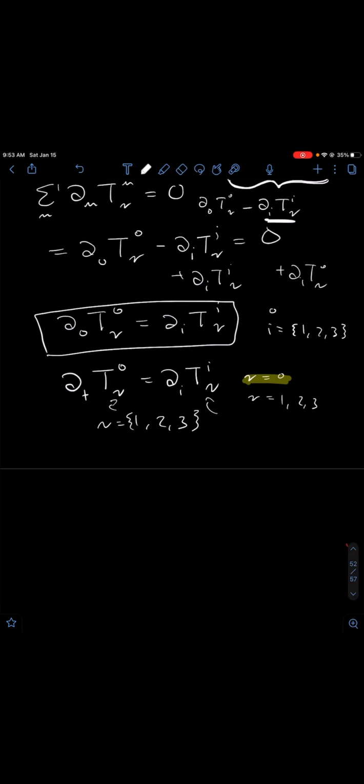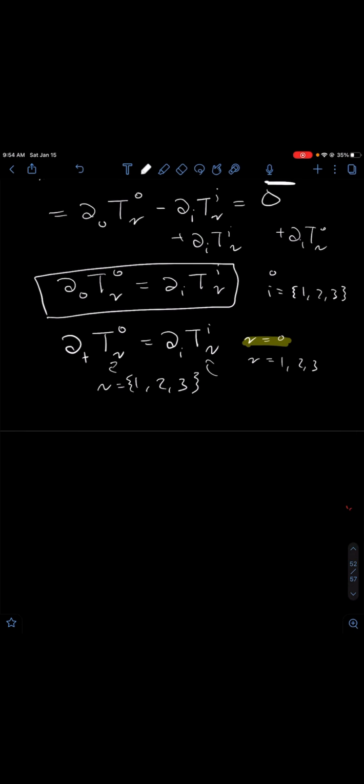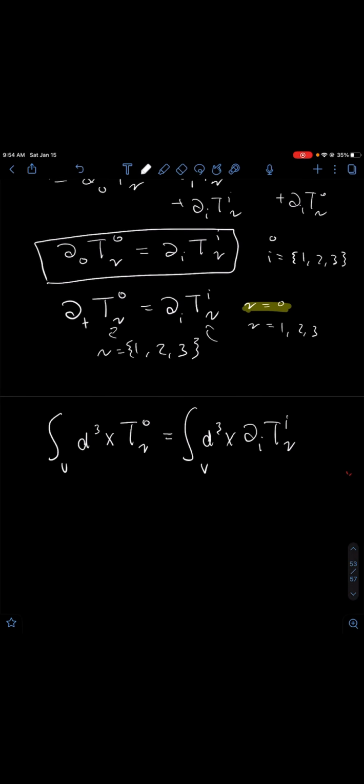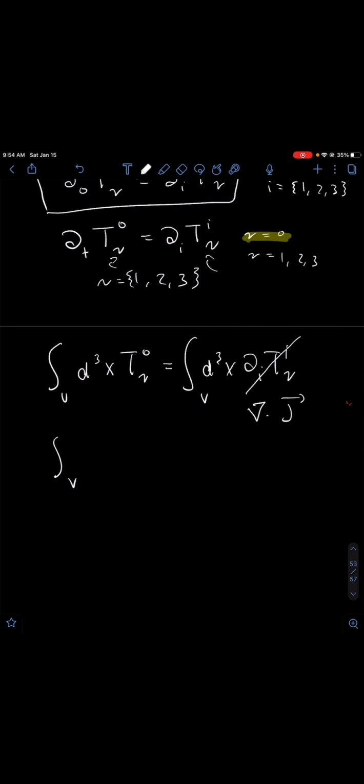So what we do here is we just take the integral of both sides again over the 3 volume element. So it's just t naught nu, and that's going to be equal to the integral of partial i t i nu. And then again, we just let this be the divergence of some vector field.